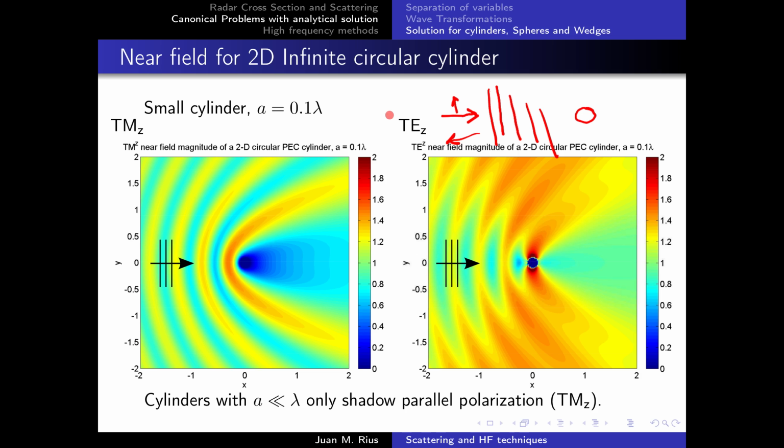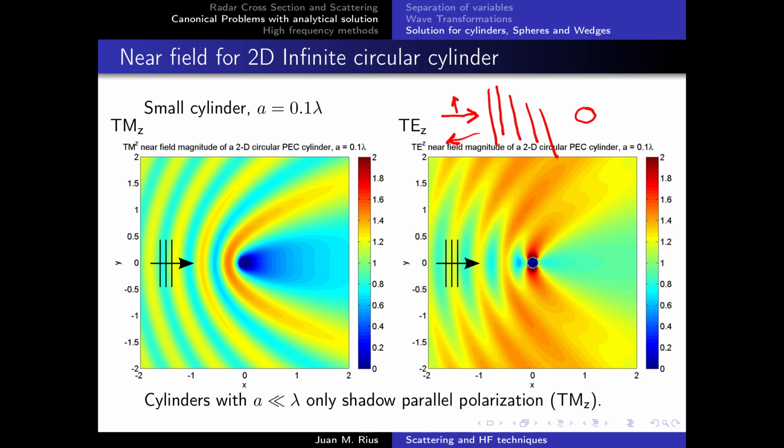However, in the TE case, I want to erase this. I cannot erase this, but I can write it again. In the TE case, we have a wire grid and we have an incident field with polarization perpendicular to the wires. These are the wires.